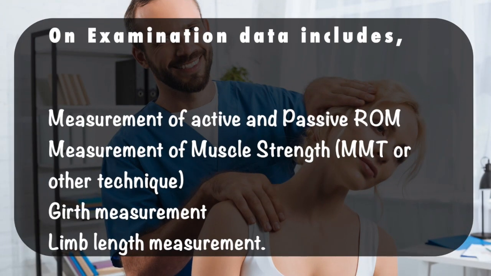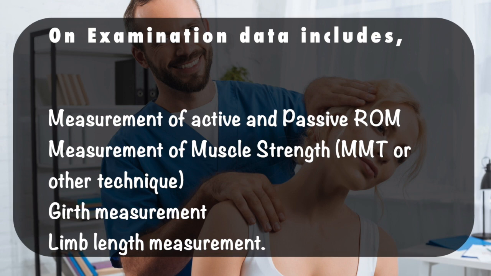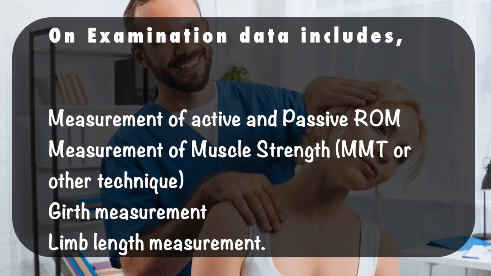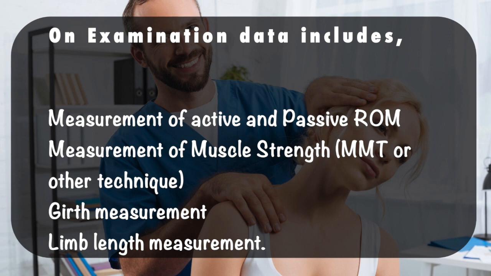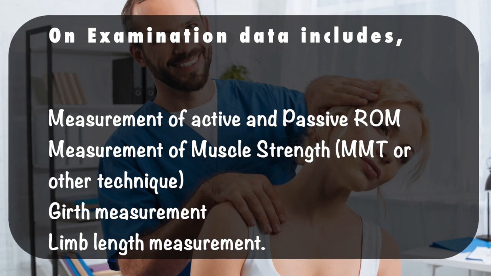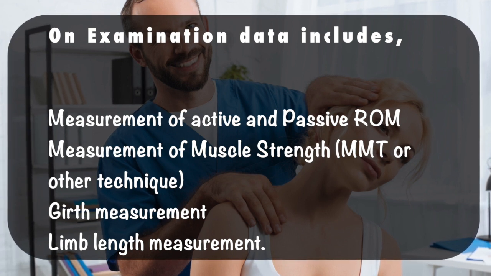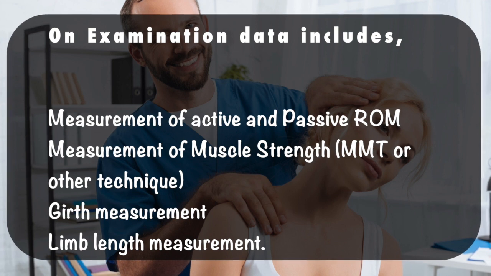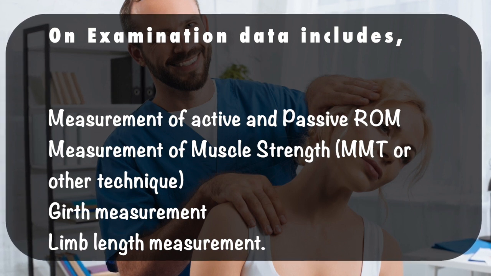Then comes the examination part. The examination is used to confirm or refute the suspected diagnosis, which is based on the history, observation and palpation. For examination, bilateral movement is always tested, and the normal side is tested first for comparison. The first one is examination of active and passive range of motion, where both ranges of motion are measured using a universal goniometer.